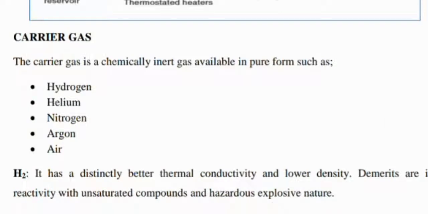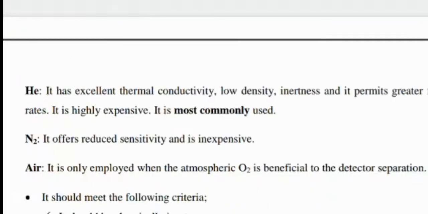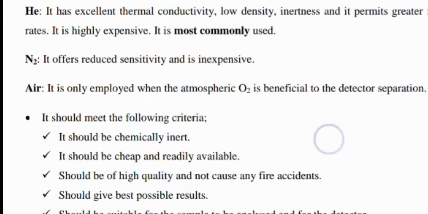First one is the carrier gas, a chemically inert gas available in pure form such as hydrogen, helium, nitrogen, argon, air. Hydrogen has distinctly better thermal conductivity and lower density, and helium has excellent thermal conductivity, low density, inertness, and permits greater flow rates. It is highly expensive.